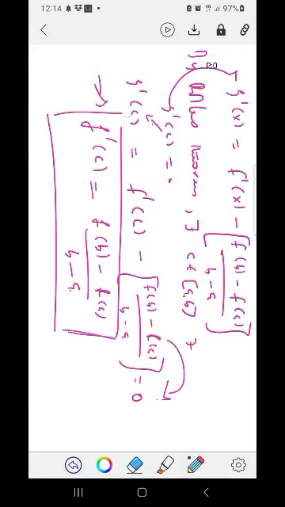And that's what we have just shown. We know that f of b minus f of a over b minus a is the gradient of that straight line that we drew earlier in the day. So that ends the class.